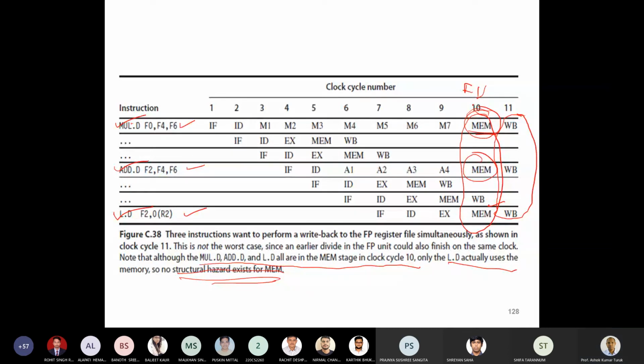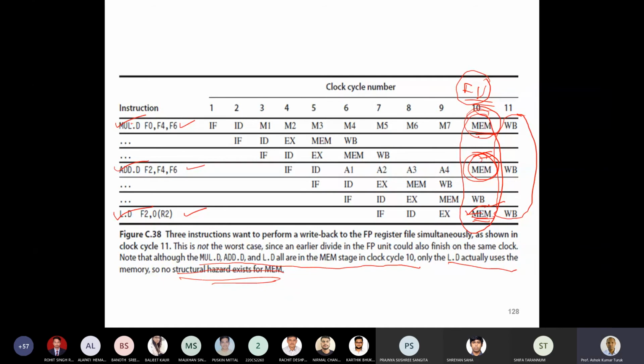It's not reading the memory, it's not writing to the memory, so this functional unit is not used. But the load needs the memory functional unit. So here no structural hazard exists.